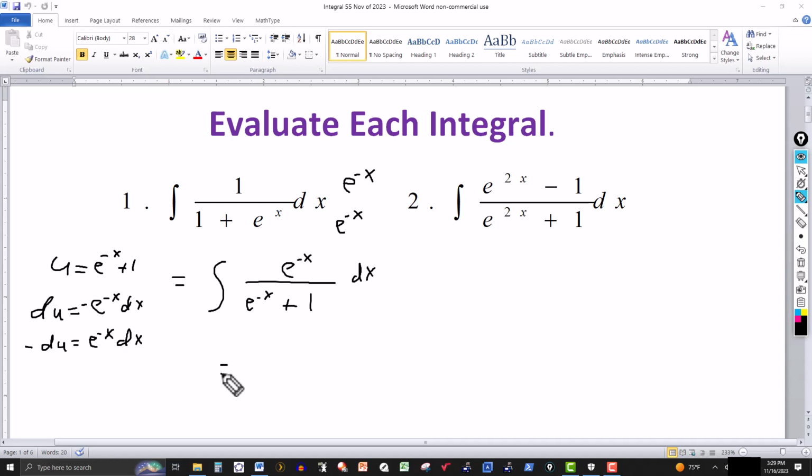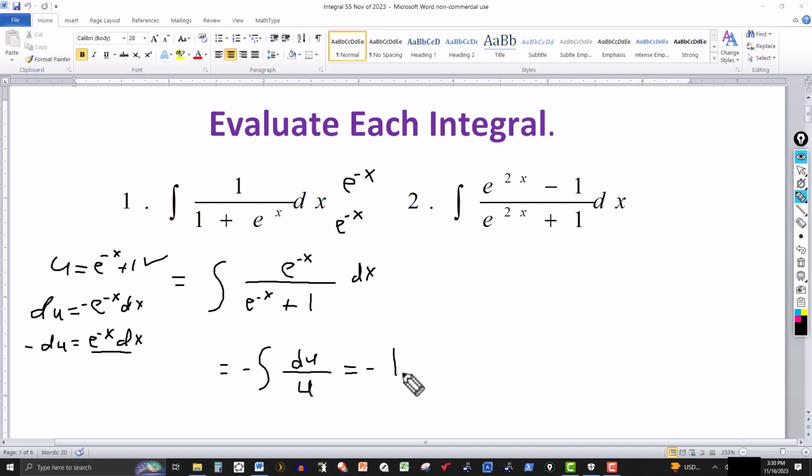Now we can apply the u-substitution here. Notice e to the minus x dx here, that's in the numerator. So I can replace this product e to the minus x dx by a minus du. I put the minus out in front here. And of course the e to the minus x plus 1 in the denominator, that's your u. So this will be a u. And of course we know the formula for the integral of du over u, or 1 over u du. This will be a minus here.